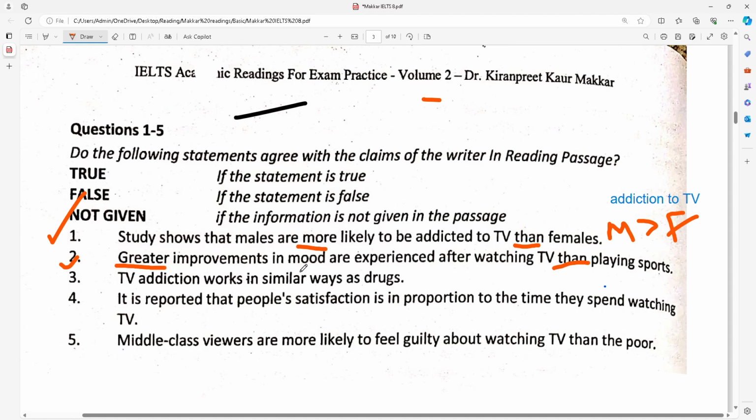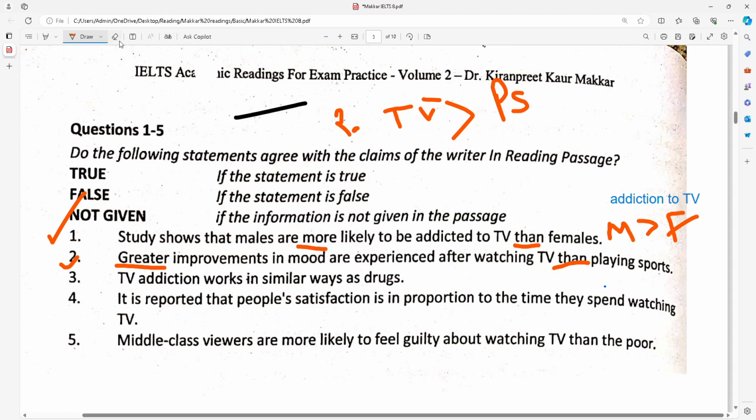So let's see question number 2. What is the comparison of second question? Let's mark here so that we can understand. So question number 2 says that TV and playing sports.